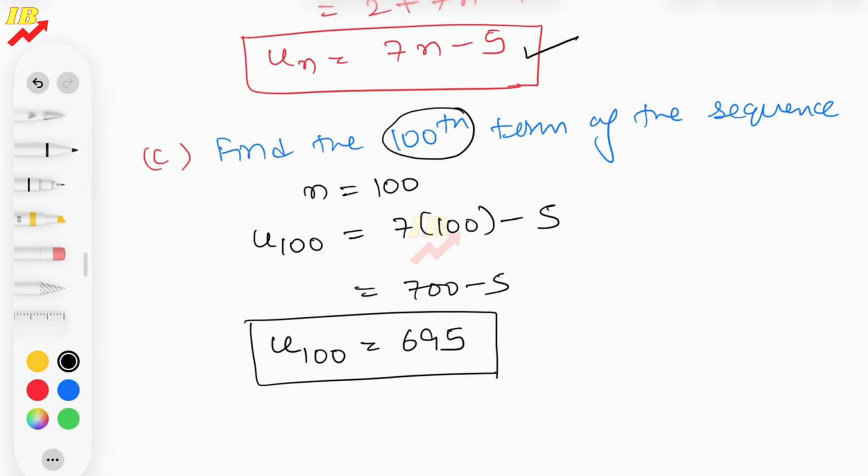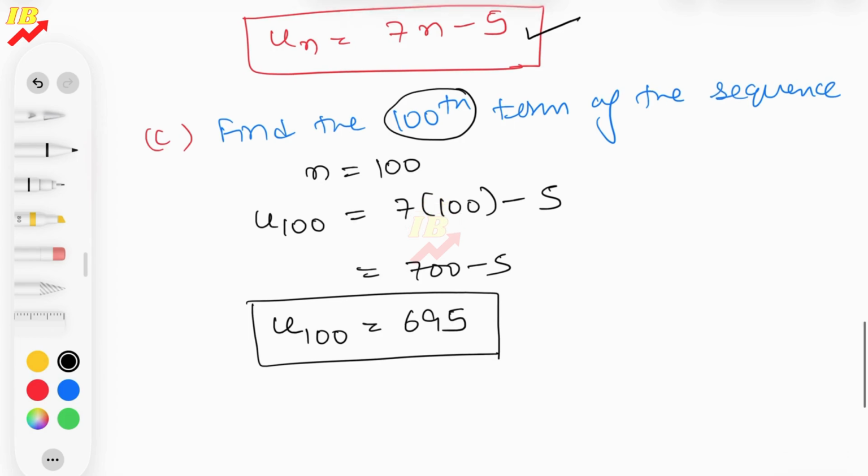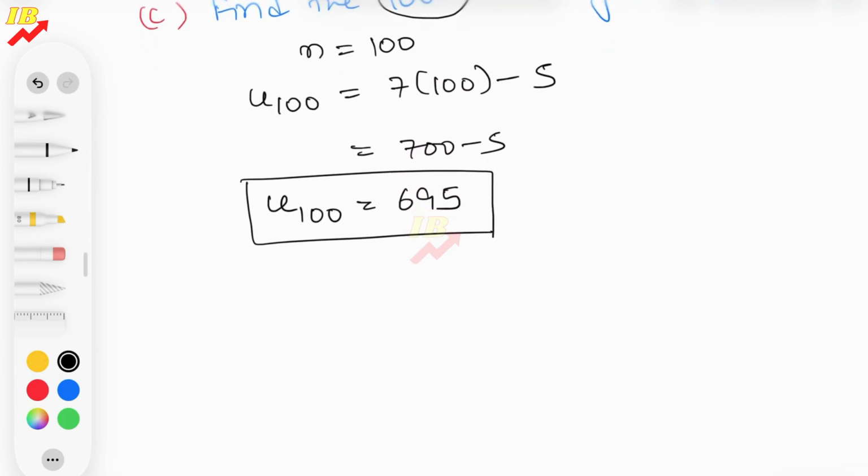Okay, next thing is, now this is very interesting. This part D is: is 828 a term of the sequence?